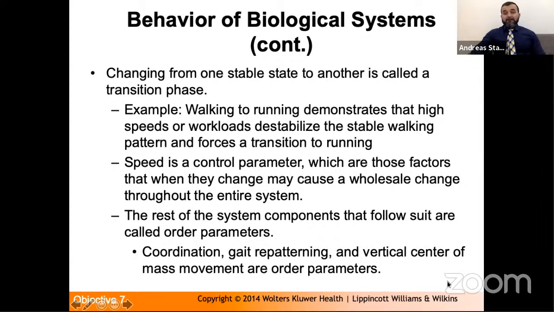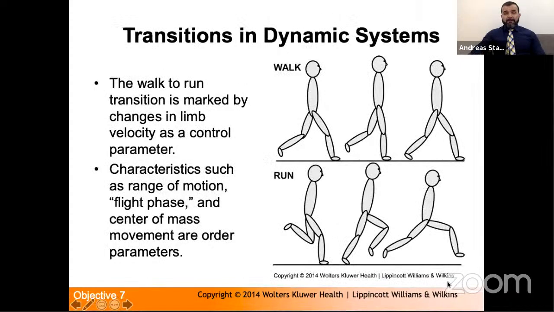They're secondary parameters, called order parameters. They're not that important. They're not the main parameter. So here, if we start changing speed on the treadmill, that's the parameter that will change from walking to running.